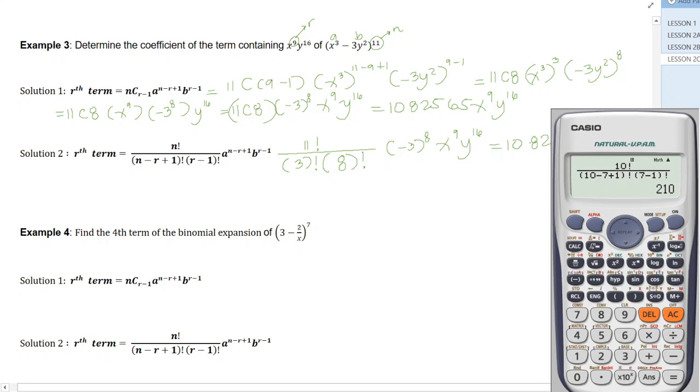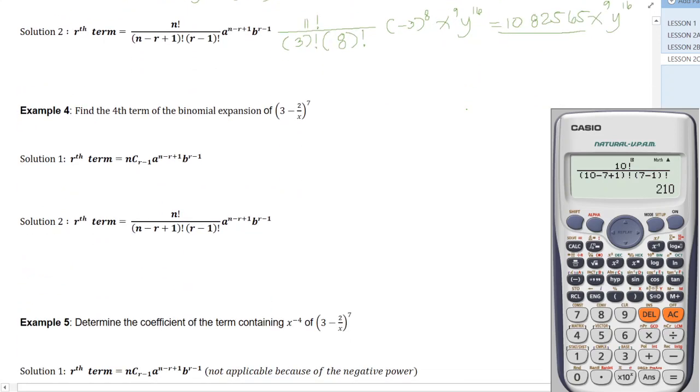So your coefficient of the term containing x raised to 9 and y raised to 16 is 108265. So this is the coefficient for that. Having this example number 4, find the fourth term of the binomial expansion of (3 minus 2 over x) raised to 7.